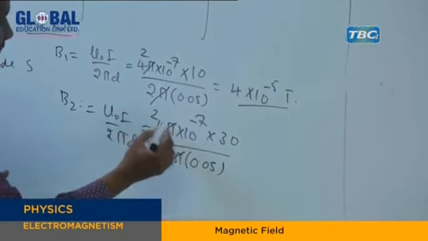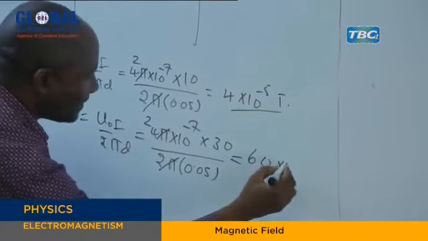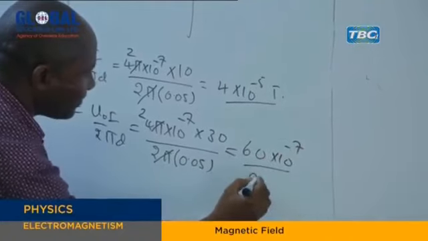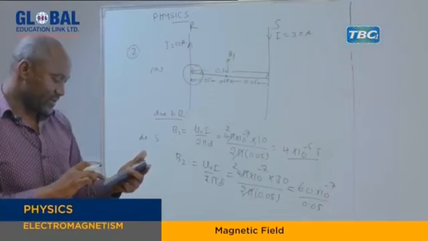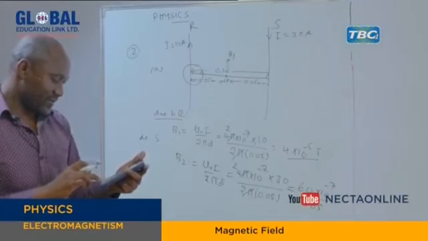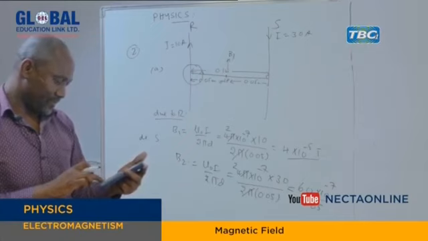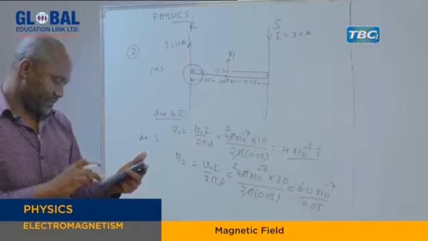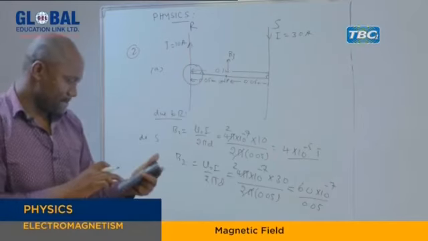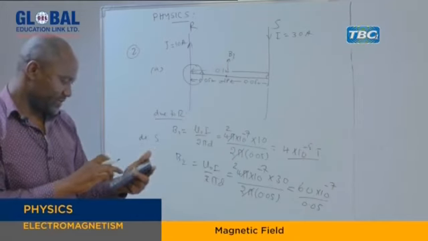This is 2, it's giving us 60 times 10 negative 7 divided by 0.05. 60 divided by 0.05, and then multiply by e power negative 7.